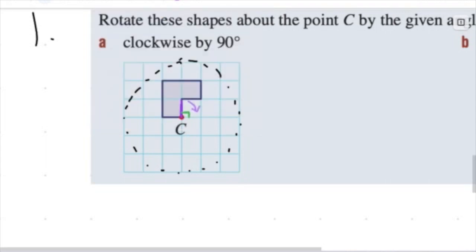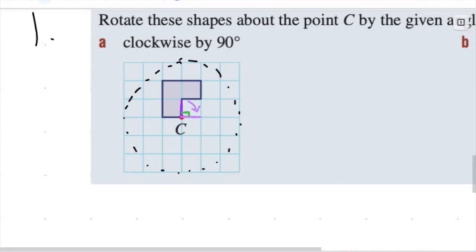It's going to be going down, down, down, all the way until it covers the entire 90-degree angle here. So it's actually going to end up down here. Can you sort of see that? We've traversed an entire 90 degrees.